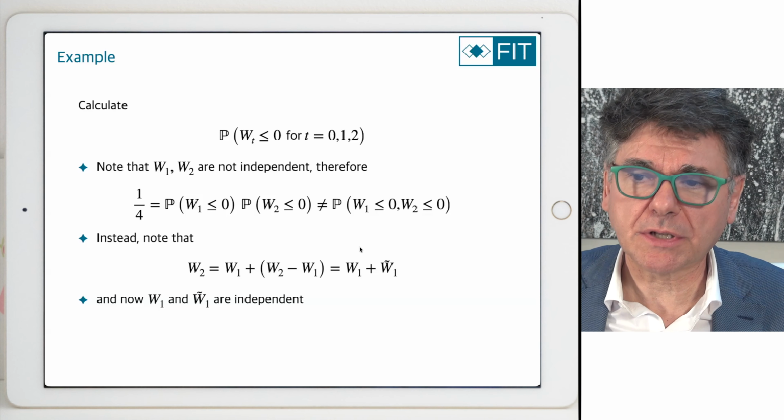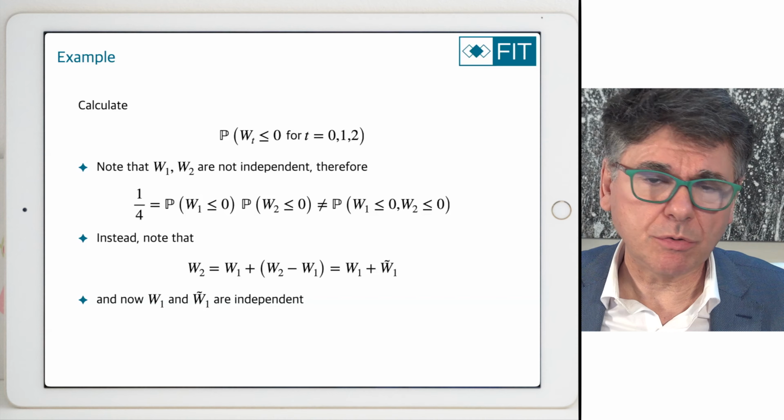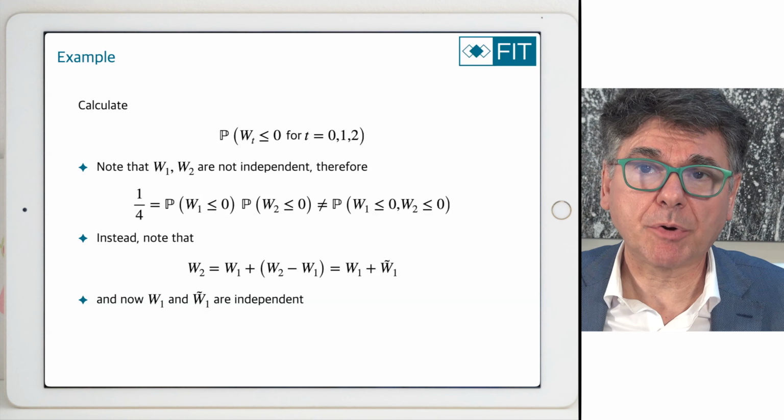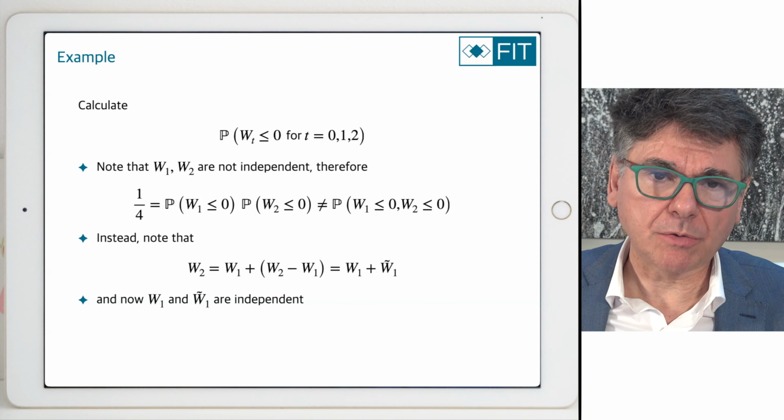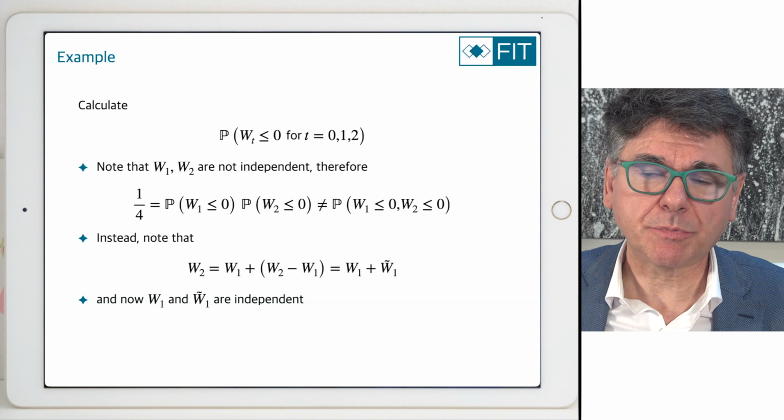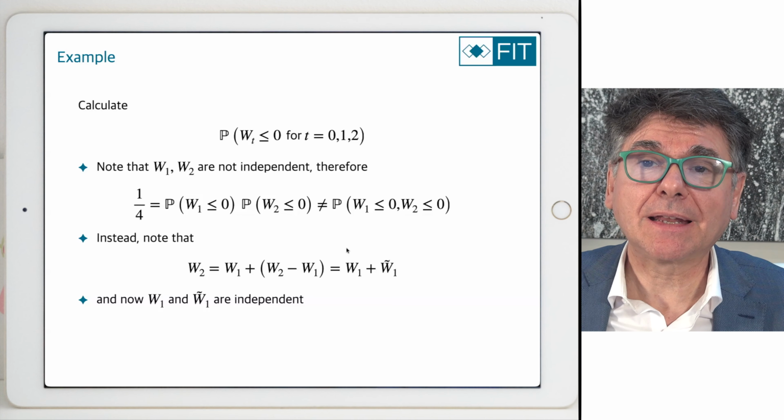So we have to do this a little bit differently, because now we have the Brownian motion value at time 2 as the sum of two independent random variables, which are the increments between 0 and 1 and between 1 and 2. They're actually independent and identically distributed.